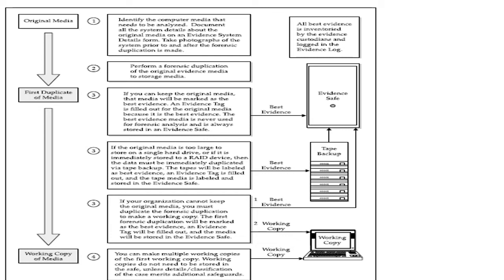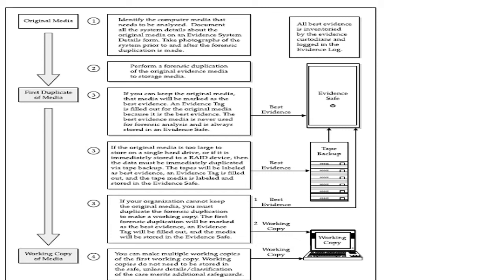Then, once we've performed the forensic duplication, we need to put an evidence tag as well as label the evidence. Once we have done that, the evidence needs to be stored in an evidence safe.